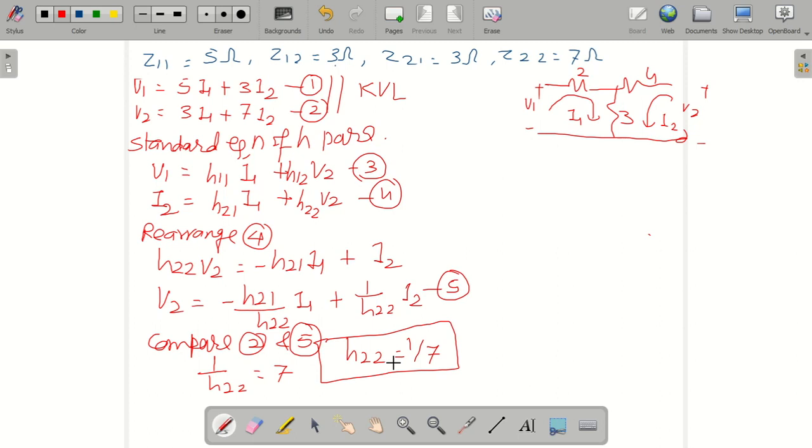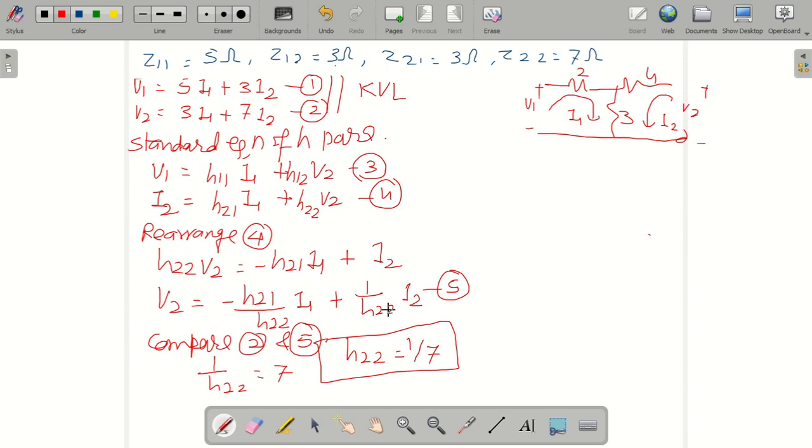I have 5, 3, 3, 7, right? So V1 and I2. Okay, so I rearranged 4. V2 equal to what? V2 equal to minus H21 upon H22 I1 plus 1 upon H22 I2.